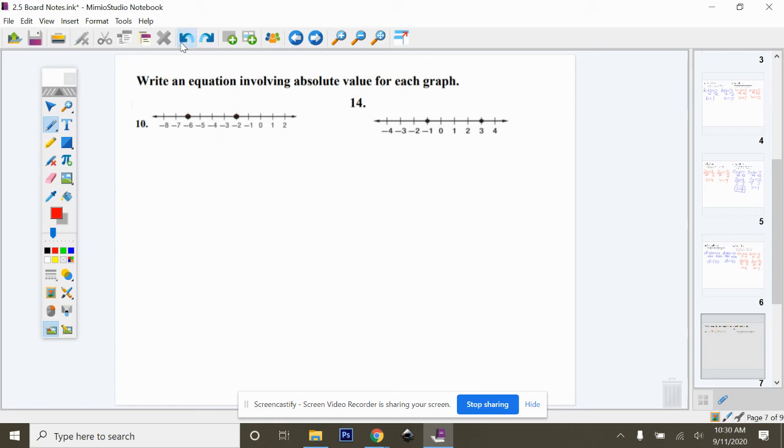Get rid of all that so we can see. Okay, so I write down negative 4. I also need to know how far the dots are from the center point. Well, that was 2.